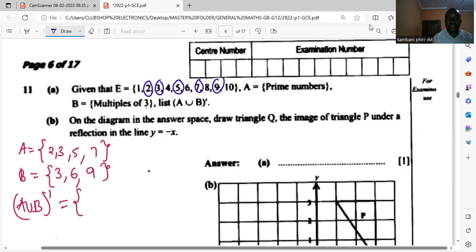Apart from these, we remain with 1, 4, 8, and 10. So this is the answer for that: A union B complement means outside A and B, right?